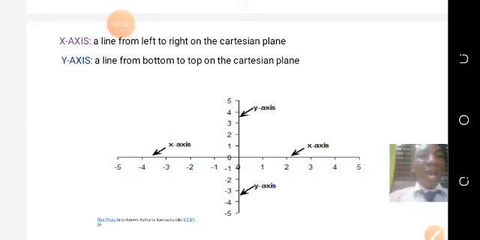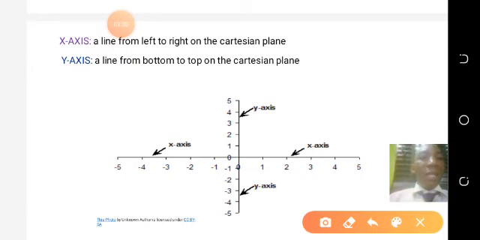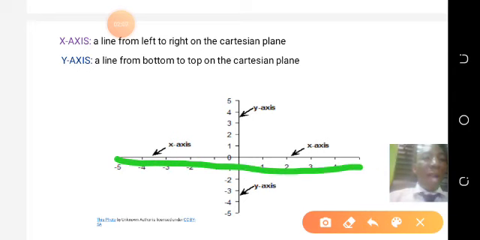What is the x-axis? Like I said, it is a line from the left to the right on a Cartesian plane. A line from where? From the left to the right. That is the x-axis. The y-axis is a line from the bottom to the top.